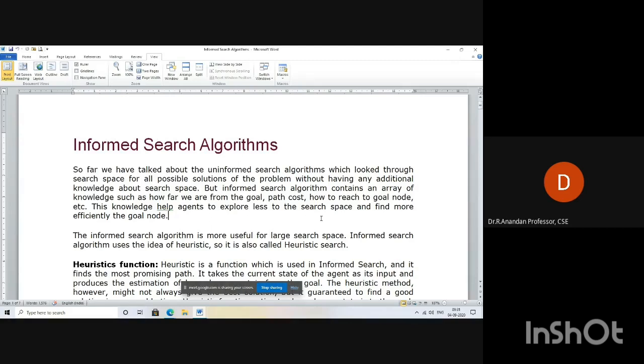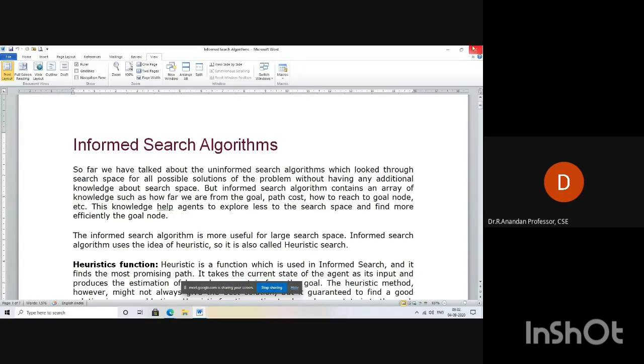In uninformed search, we have breadth first search, depth first search, iterative deepening search, uniform cost search, and bidirectional search. These searches we have all seen in the last class. Now we can see the informed search algorithms: what is informed search and how this informed search works. In informed search, we have greedy best first search, A star search, and local search algorithms.